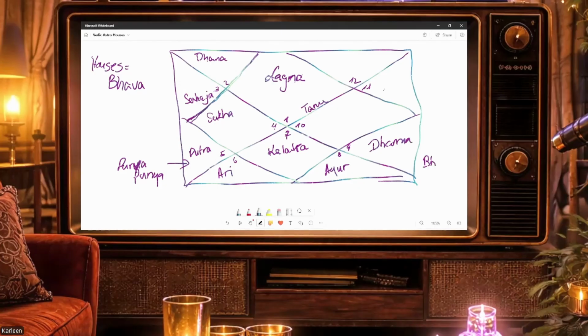Over here, it's the Bhagya Bhava. And the emphasis here is on the father and the guru, and it's much stronger than in the tropical. And in the tropical, they place the father in the 10th house, but in Vedic, you find him in the ninth.